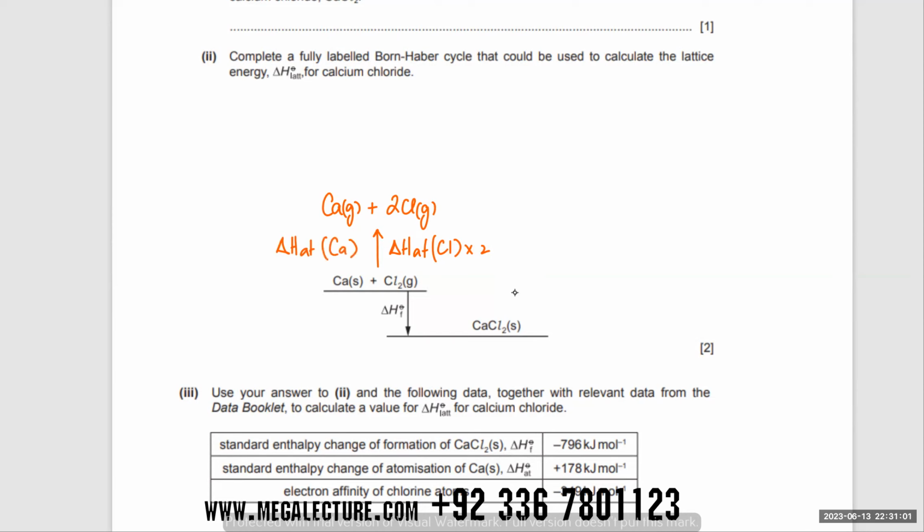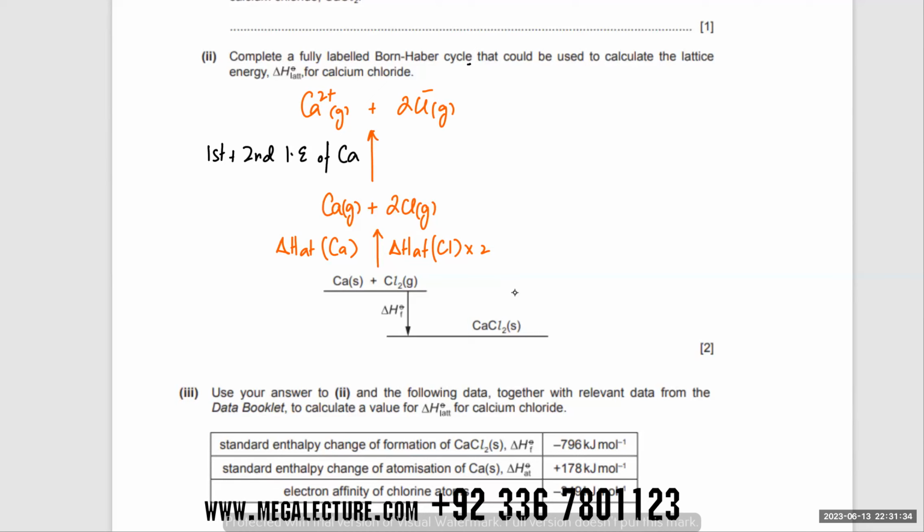Then I'm going to ionize them, and I'm going to do that in one step as well, just to save time. So calcium turns into gaseous ions, and the two Cl atoms also turn into gaseous ions. Now this one is equal to what? It's equal to the first plus second ionization energy of calcium.